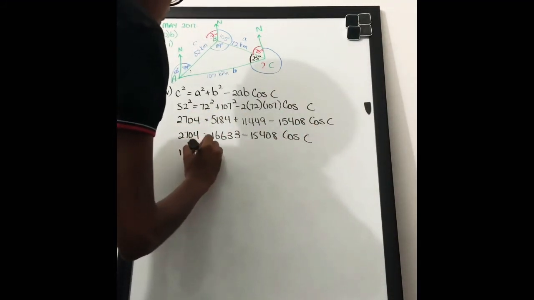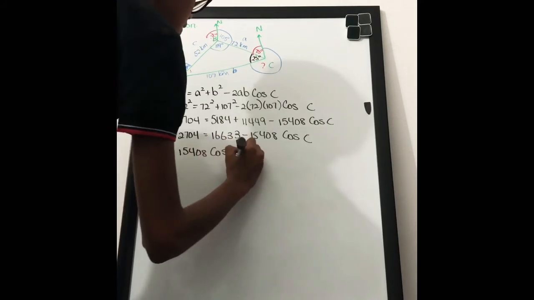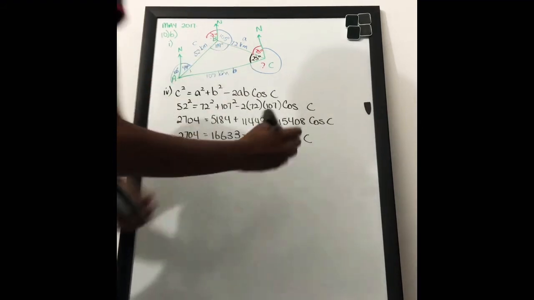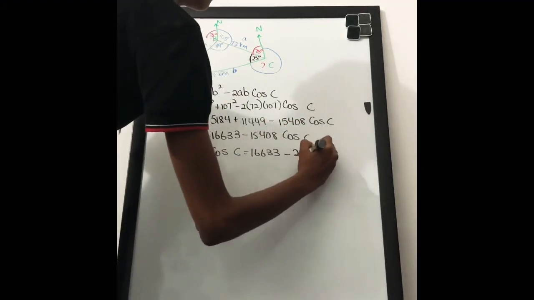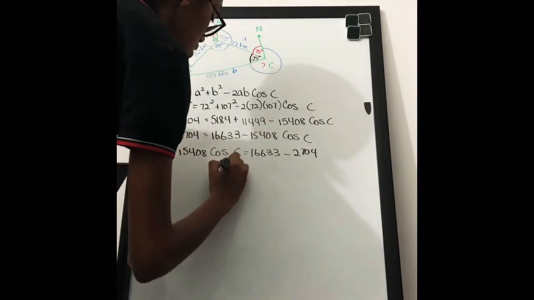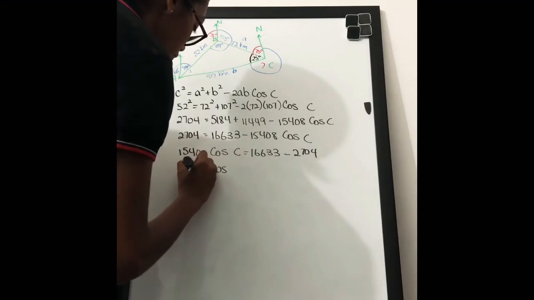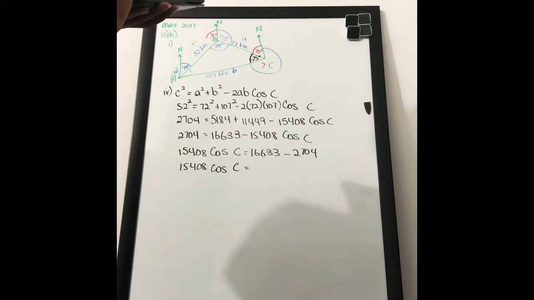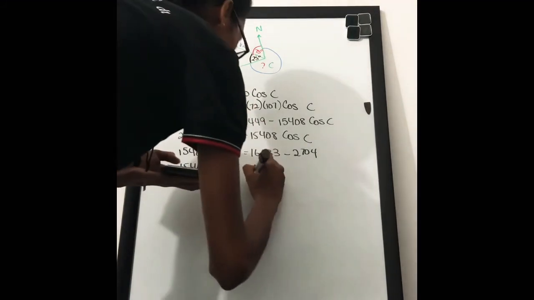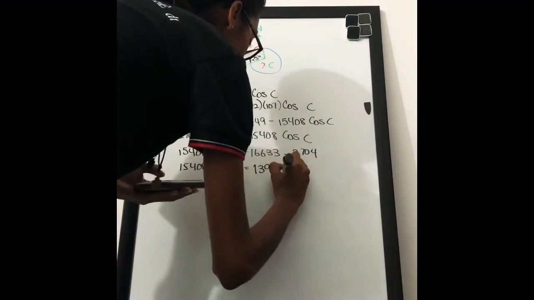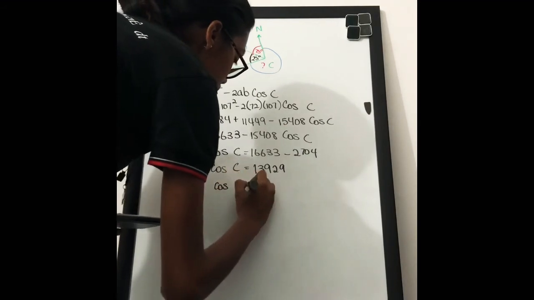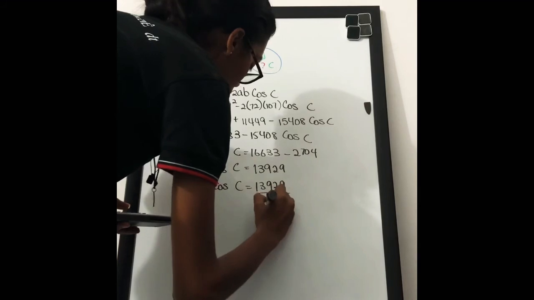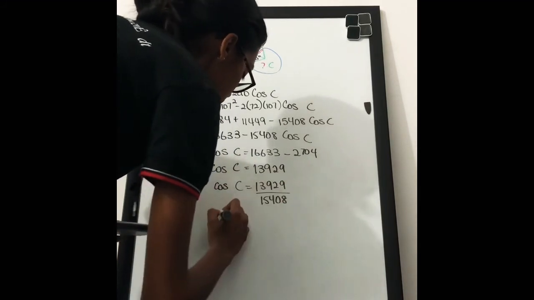So 15408 cos C is equal to 16633, and when this goes across, it will minus. So we get 2704. 15408 cos C is equal to 13929. So cos C is equal to 13929 divided by 15408.